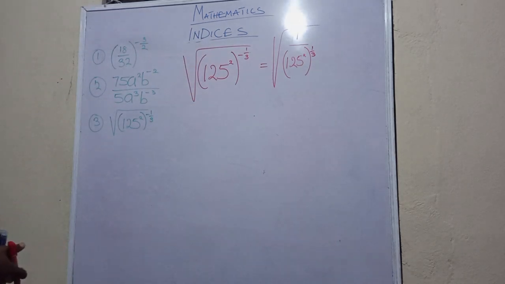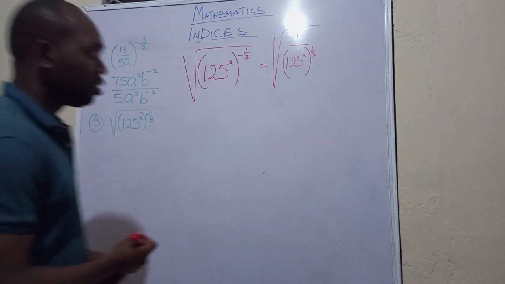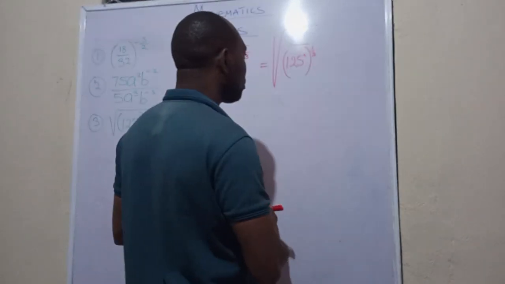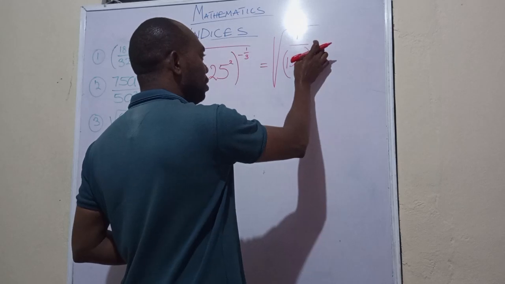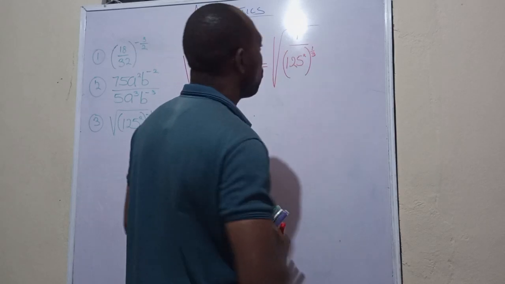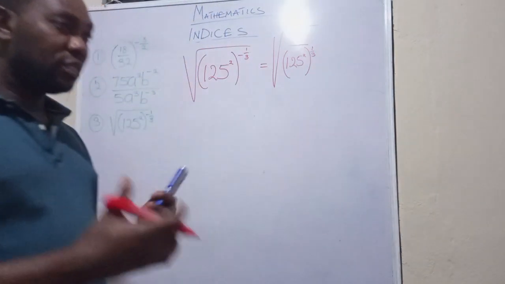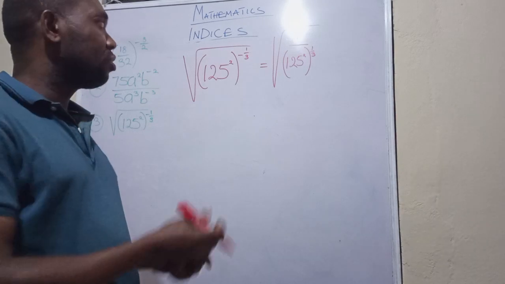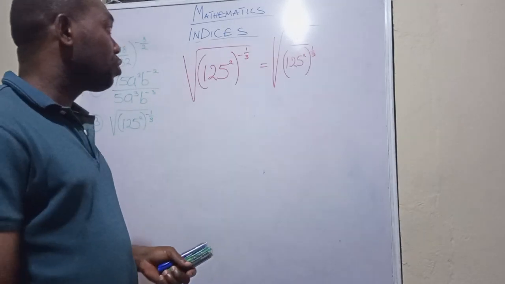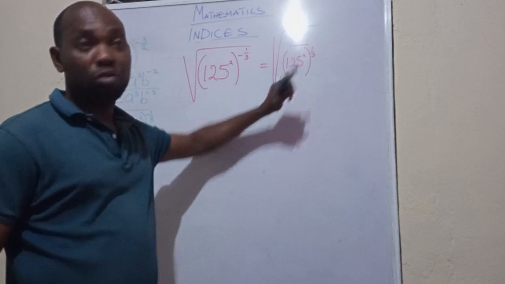That's how it is. In the expression, there's another rule that I did not explain, which means that the two indices will multiply.